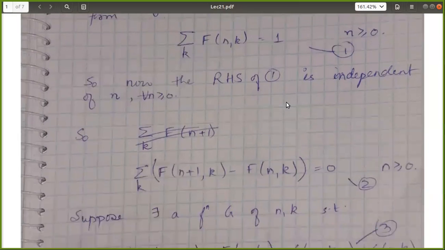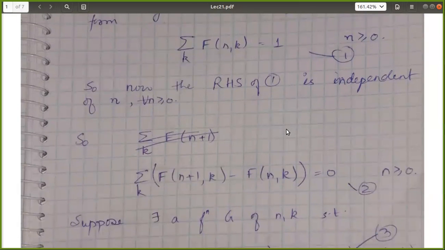Now, if at all we are lucky enough that there is some function g, so now this is a huge summation of differences of terms. If you want to reduce it further, one technique which we have learned earlier is that the terms should in some sense cancel out with each other, which you also call telescoping the sum.